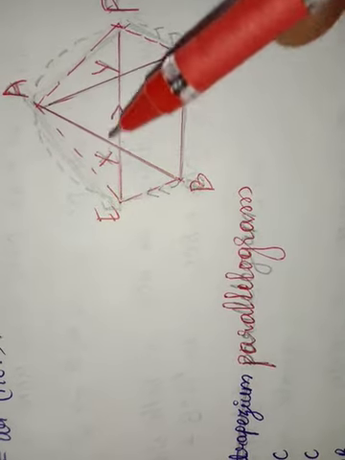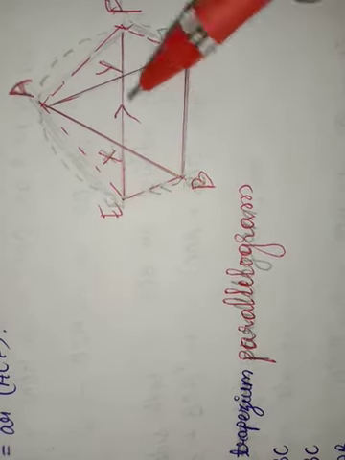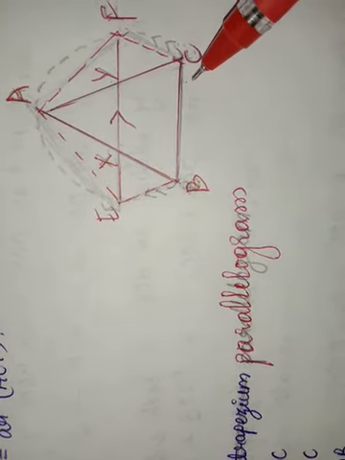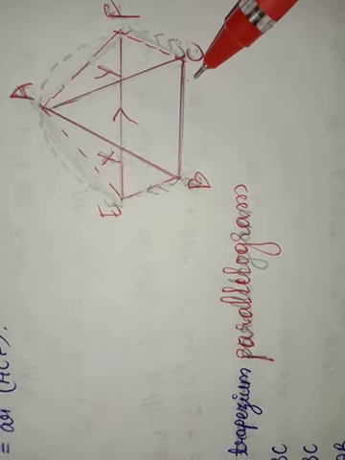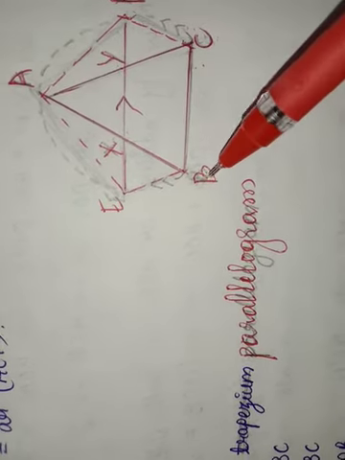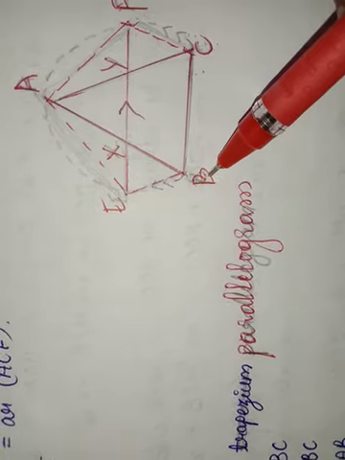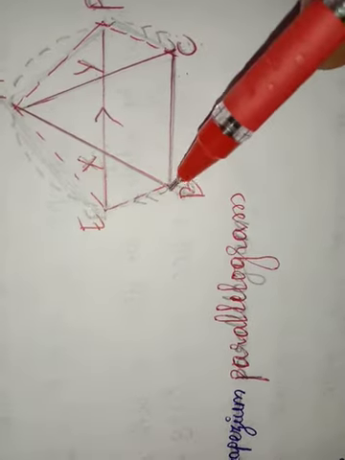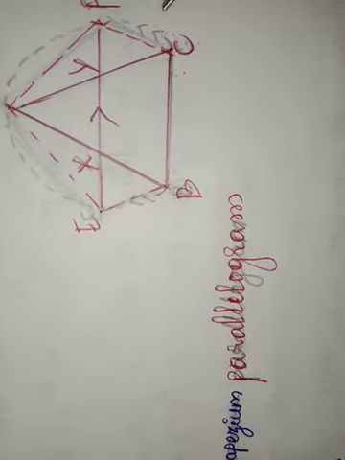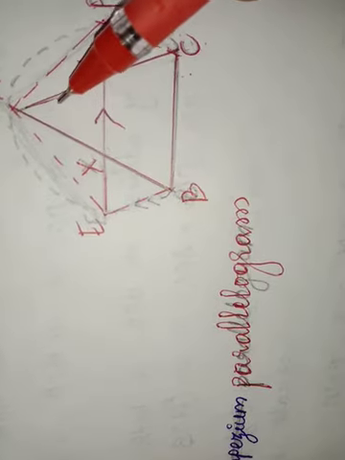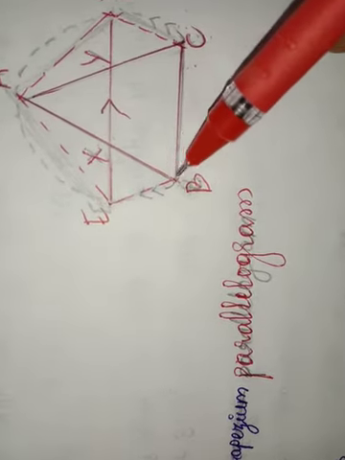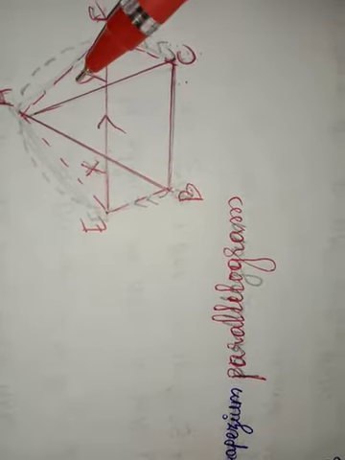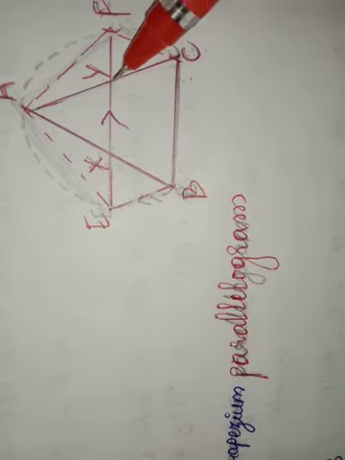Therefore, EY is parallel to BC, and BE is parallel to AC, and BE is parallel to CY also.